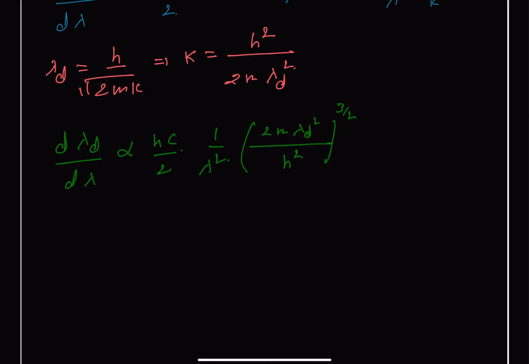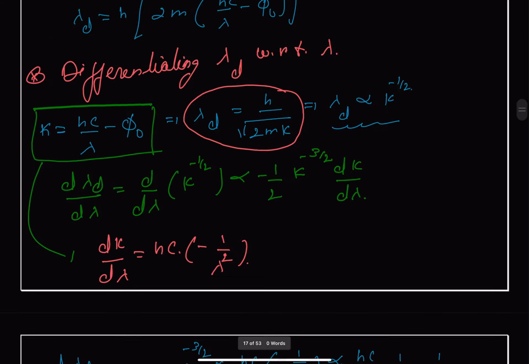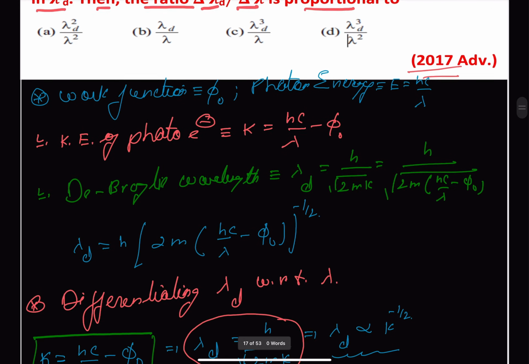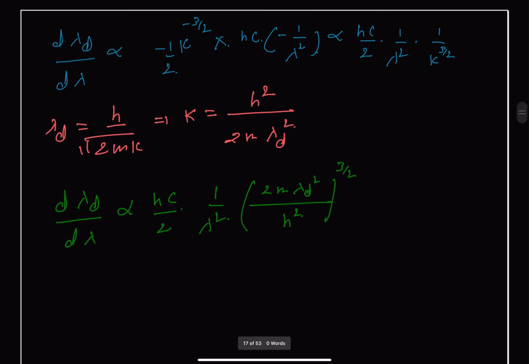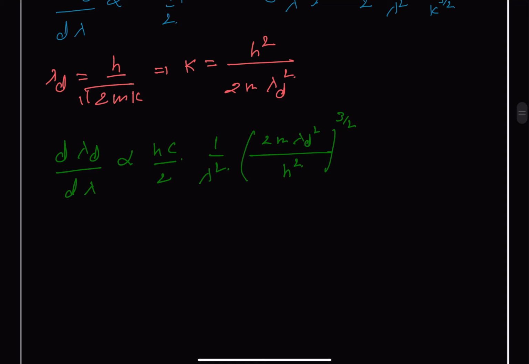Okay, and if I remember correctly, yeah, the answer is in terms of lambda and lambda d. We can just ignore all the terms, so we are going to ignore this entire ratio, along with this h and this 2m.